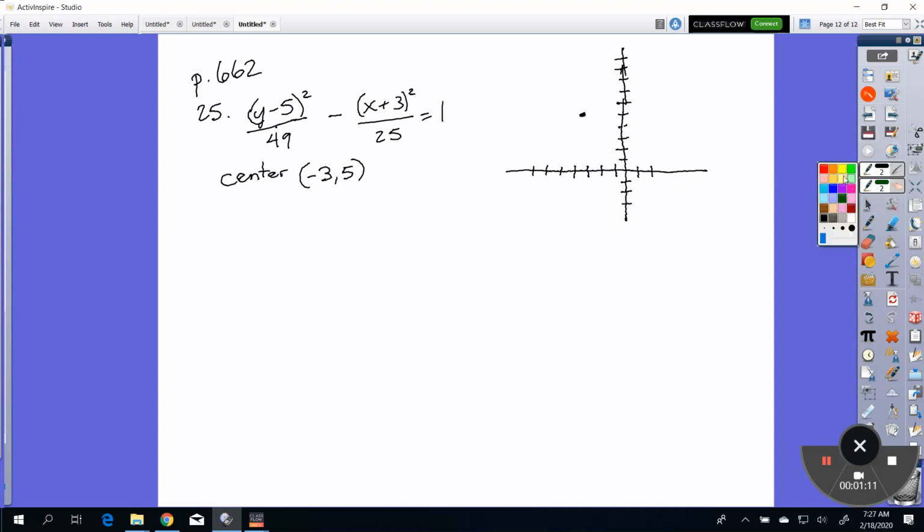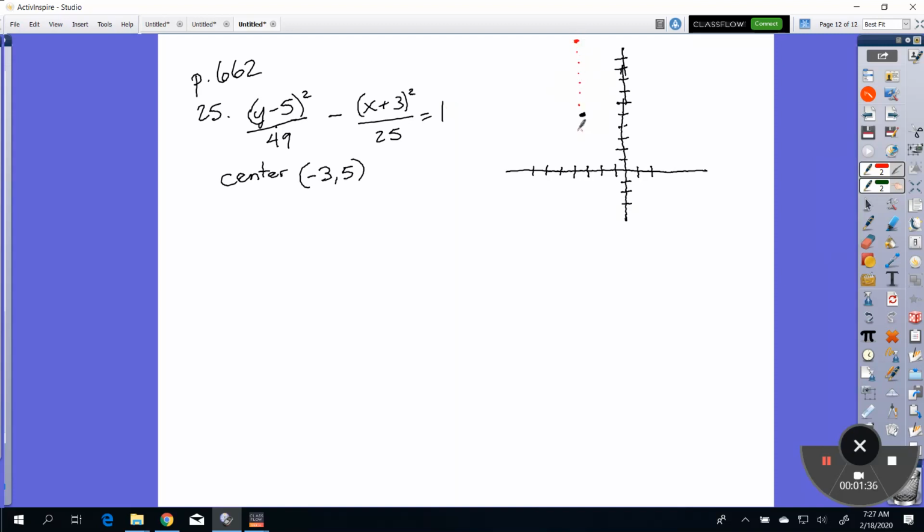Remember with the hyperbola, we do the same thing as we did with the ellipse, but instead of connecting our dots, we make a little rectangle. So on the y, we go how far above and below? 7. So 1, 2, 3, 4, 5, 6, 7.